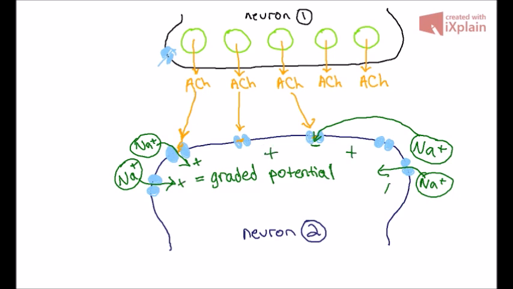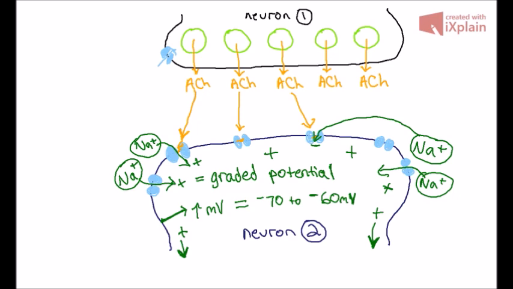So the plasma membrane increases in millivolts from negative 70 to negative 60 millivolts. And these positive voltages travel down the neuron until they get to the axon again, where the action potential starts all over again.